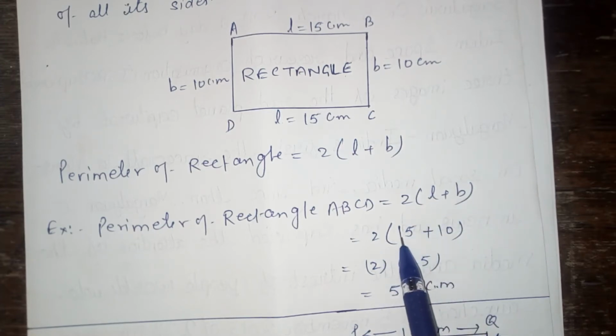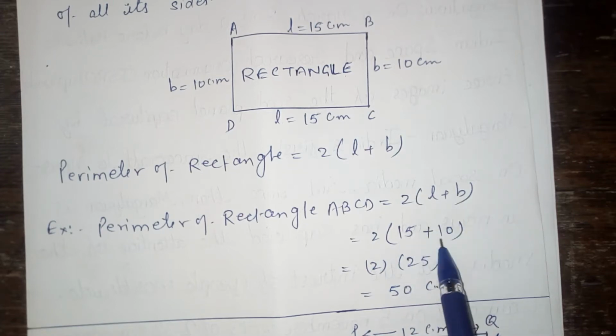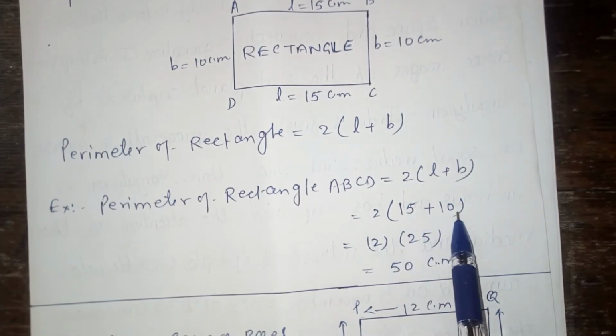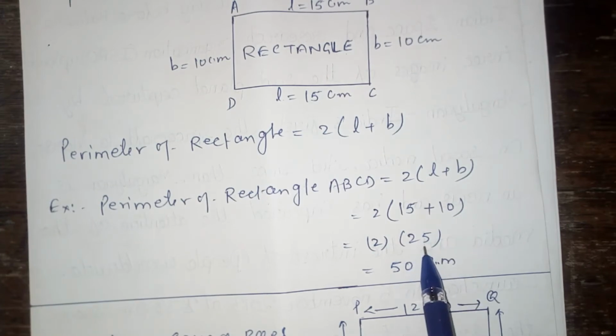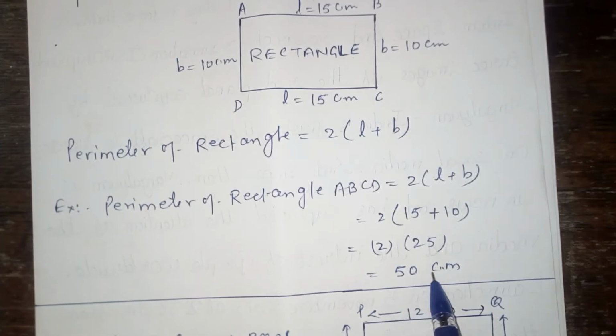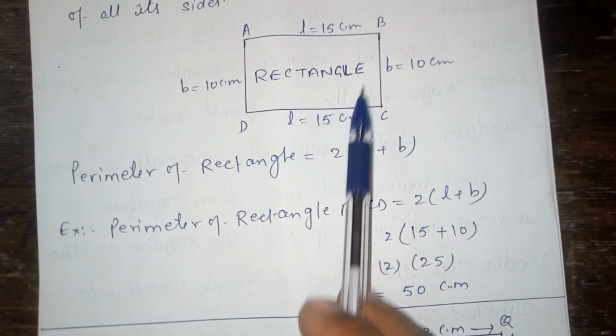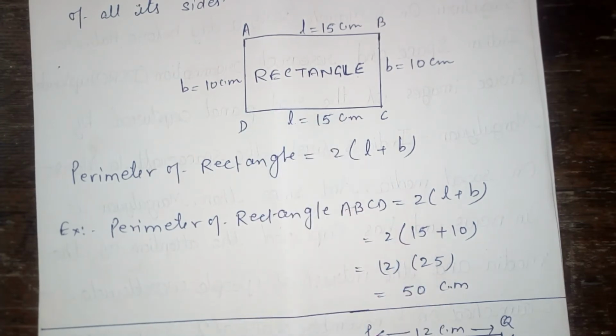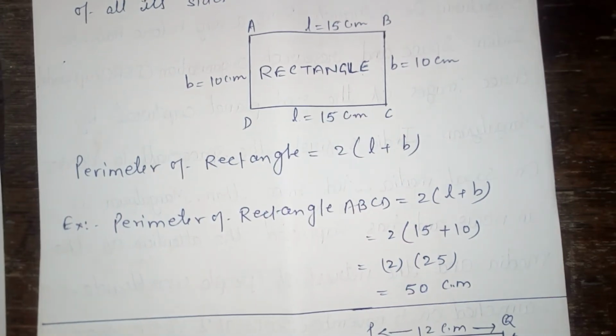Value of length is 15 and value of breadth is 10. 15 plus 10 will give you 25. 25 times 2 is 50 centimeter. The meaning is 50 centimeter is the perimeter of the given rectangle. So perimeter of a figure is the sum of all its sides.